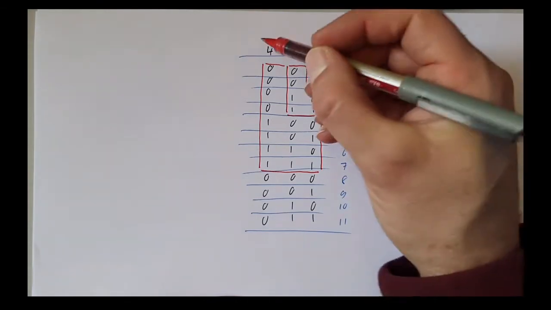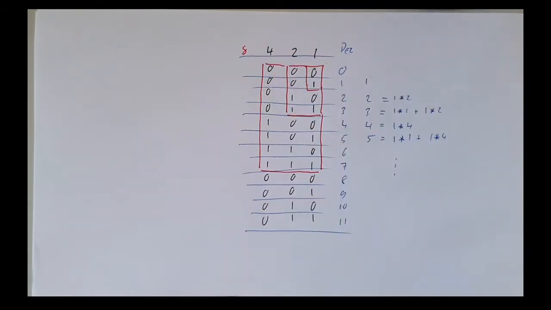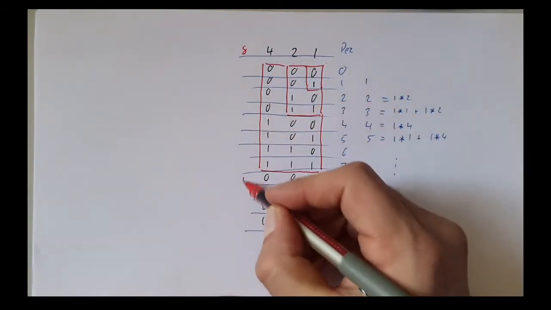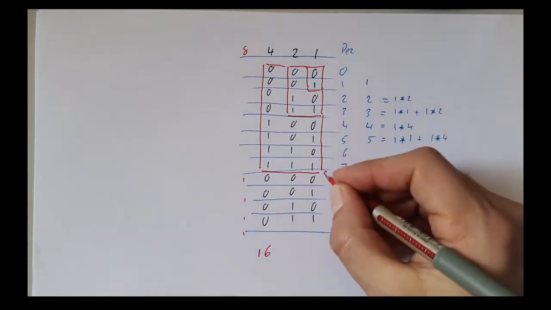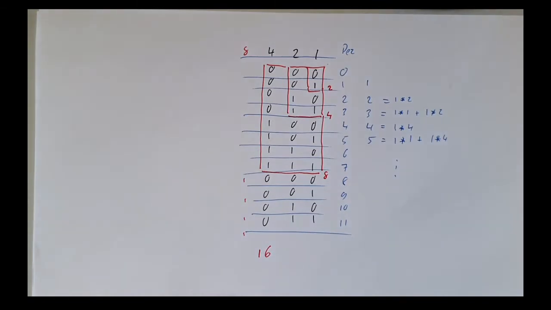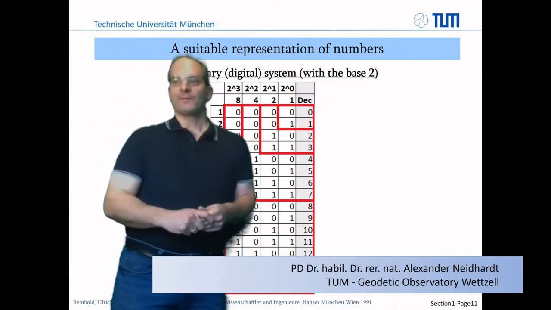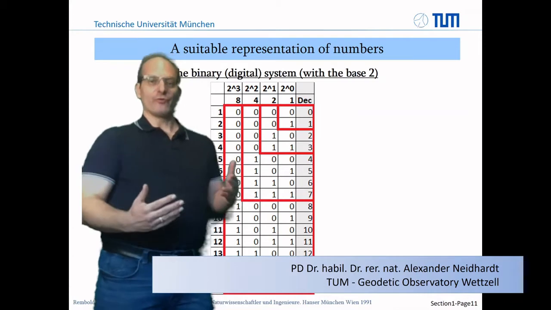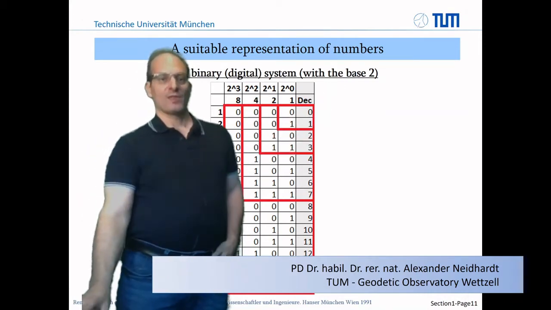And if you would have the next position 4, which is 8, you would have 16 possibilities. So you see, it's quite simple to create such a table, which converts the binary numbers to decimal numbers.